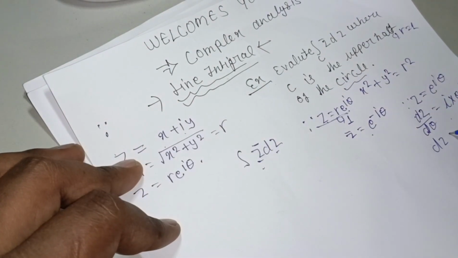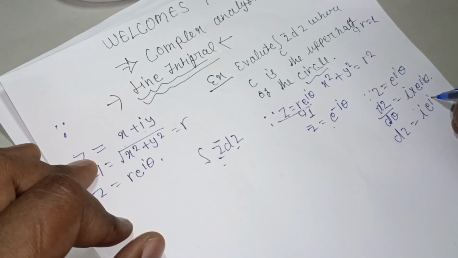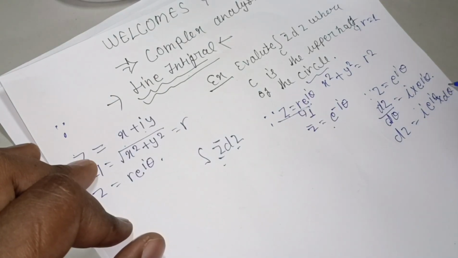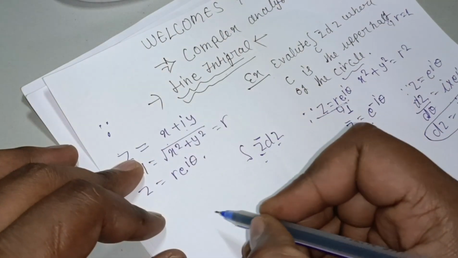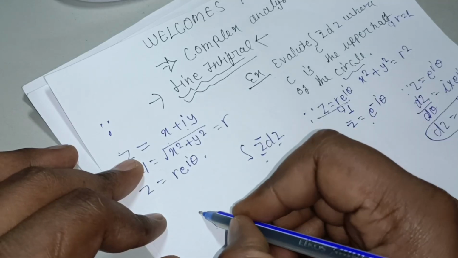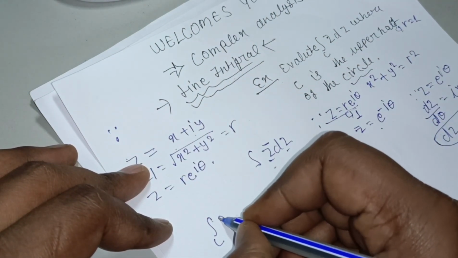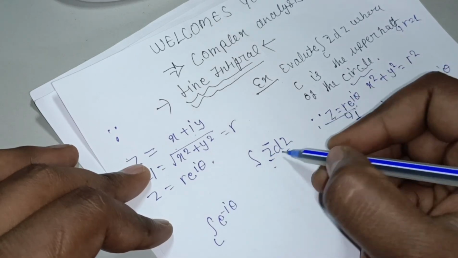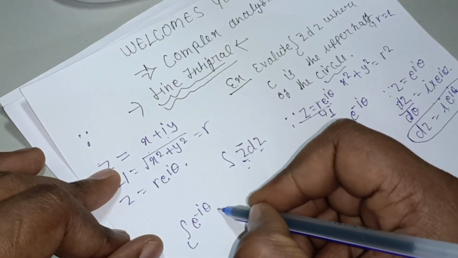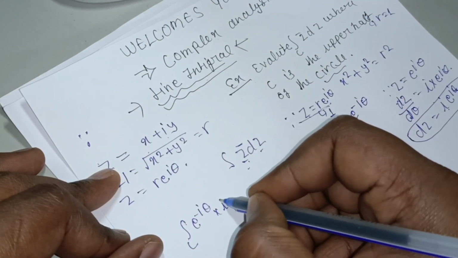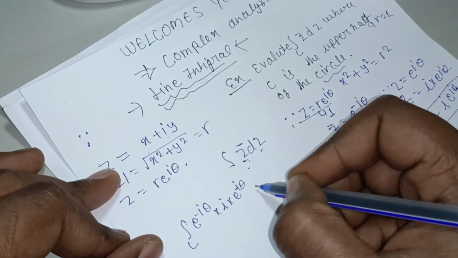And dz is equal to iota e to the power iota theta into d theta, right? So here we put e to the power minus iota theta in place of z bar, and dz can be written as iota e to the power iota theta d theta.